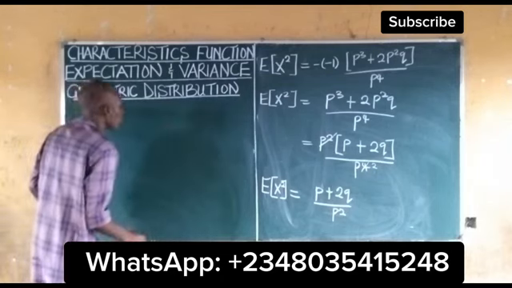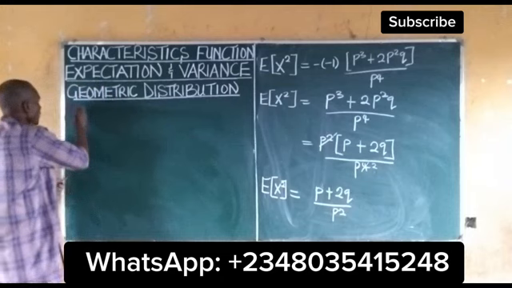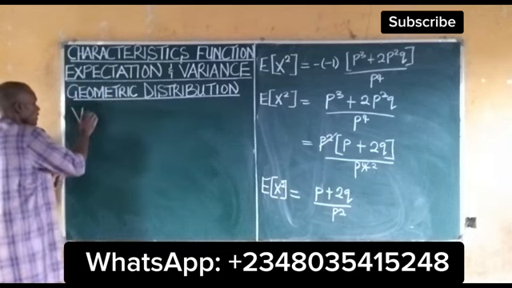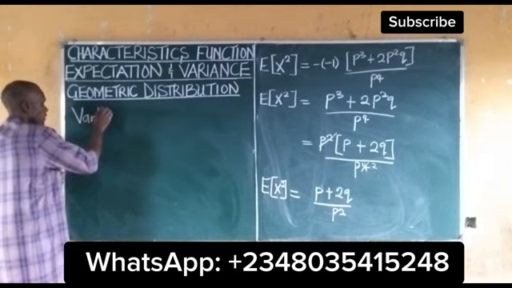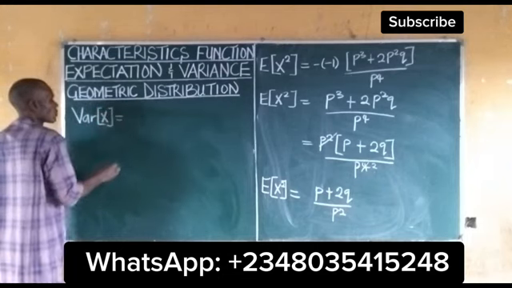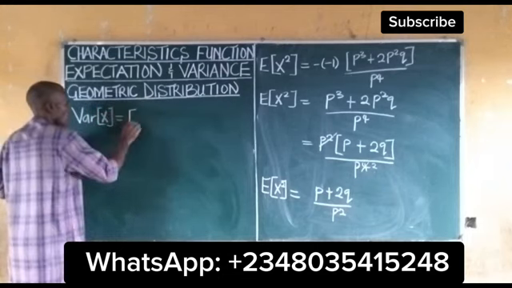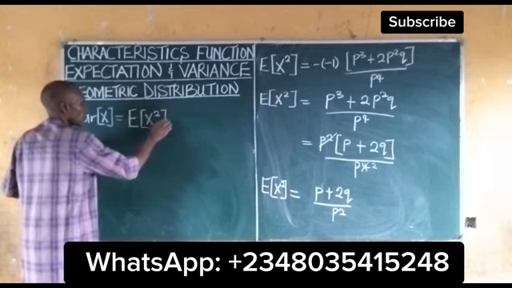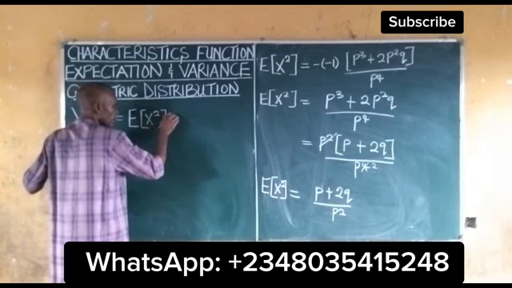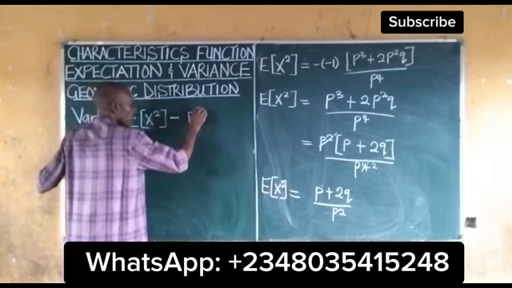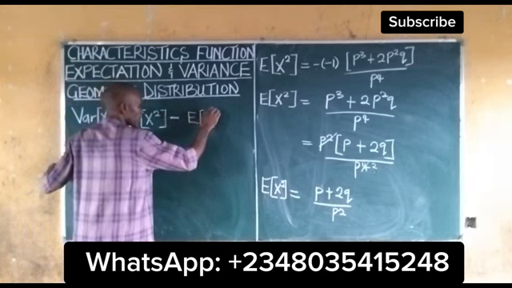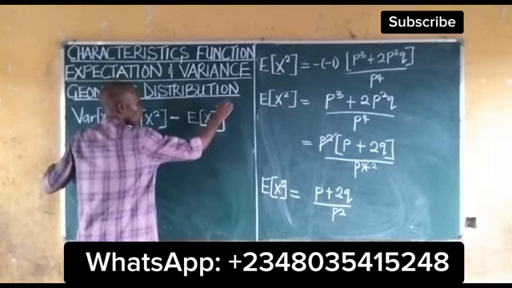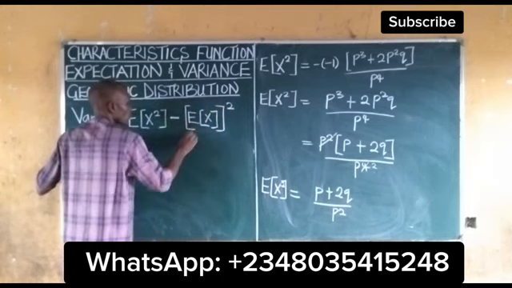So we should recall that to obtain our variance of x is equal to our expected value of x squared minus expected value of x, squared.